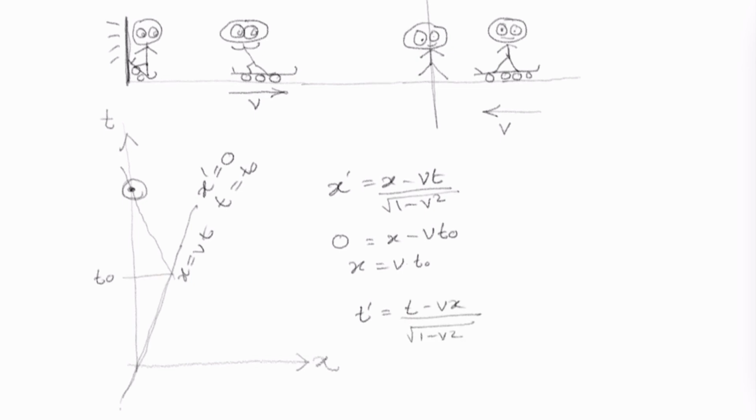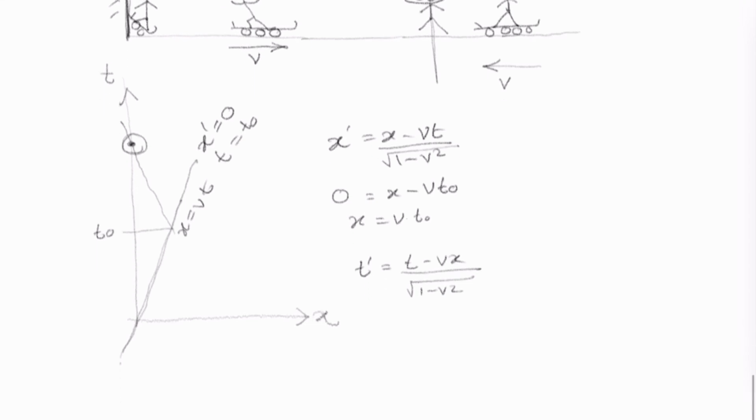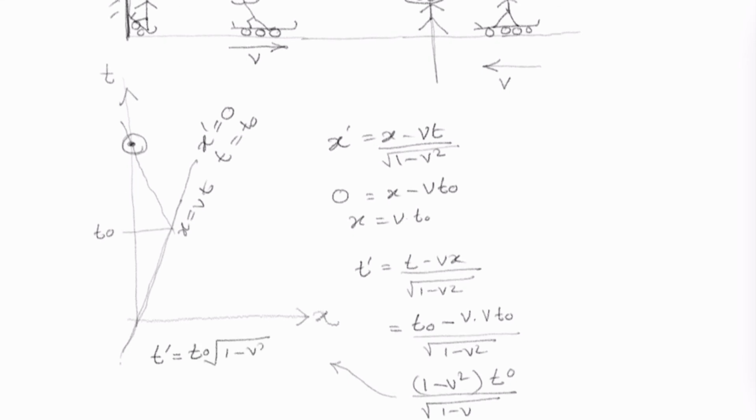When t is t naught, minus v times v t naught, that is t naught minus v squared t naught over square root of 1 minus v squared, which is (1 minus v squared) t naught over square root of 1 minus v squared. So t bar is t naught times the square root of 1 minus v squared.